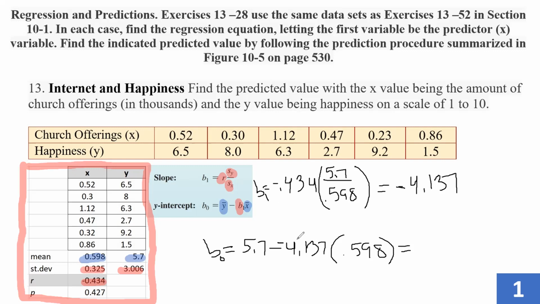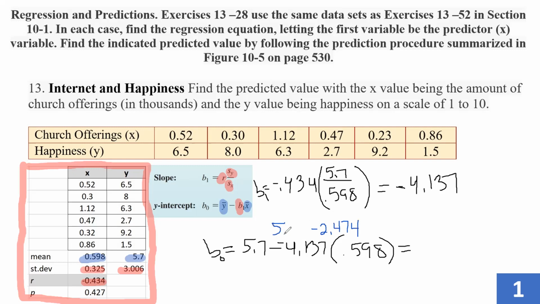So this right here, getting the value of negative 2.47, I round it to 4.